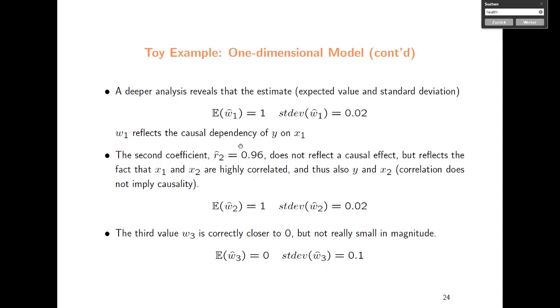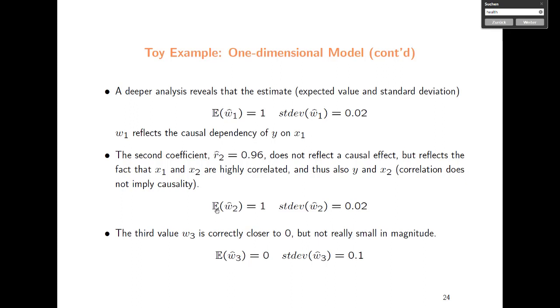So we can do a little bit deeper analysis, and we see that the expected value for W1, so if we would do a lot of experiments, is 1, and the standard deviation is 0.02. And of course this reflects the true causal dependency of y on x1, as I already discussed.